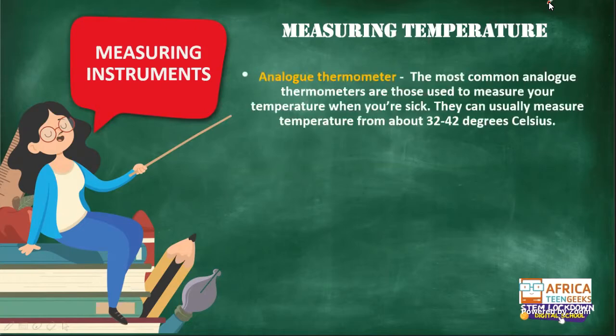Now we will get all kinds of thermometers. We get an analog one, and the most common analog thermometers are used to measure your temperature when you are sick. They can usually measure temperature from about 32 to 42 degrees Celsius. Why do you think those kind of thermometers will only show between 32 and 42 degrees Celsius?